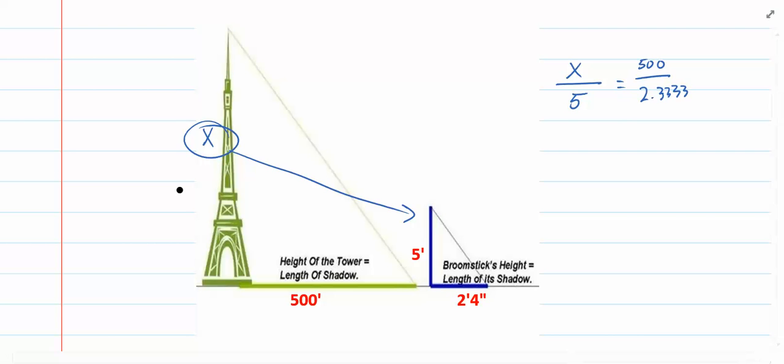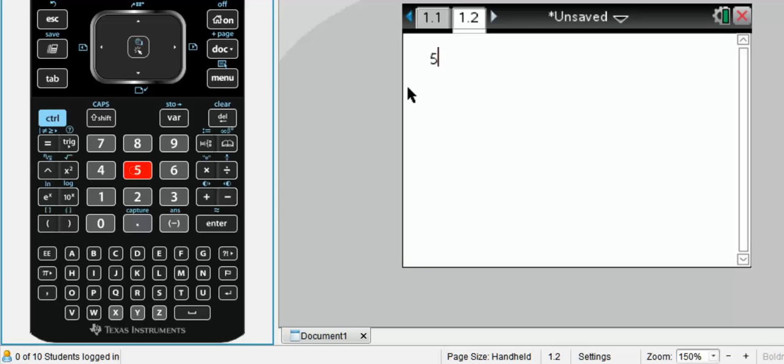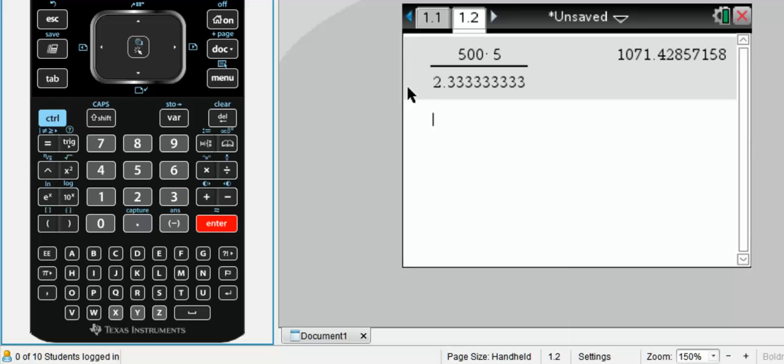As far as solving it goes, we need to cross multiply, so multiply across the diagonal of the two values that are known and then divide by the third number. So we'll multiply 500 times 5 and then divide by 2.3 repeating. I'll just punch that in here.